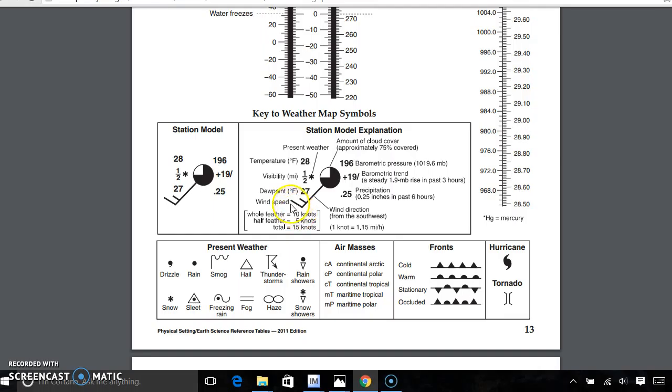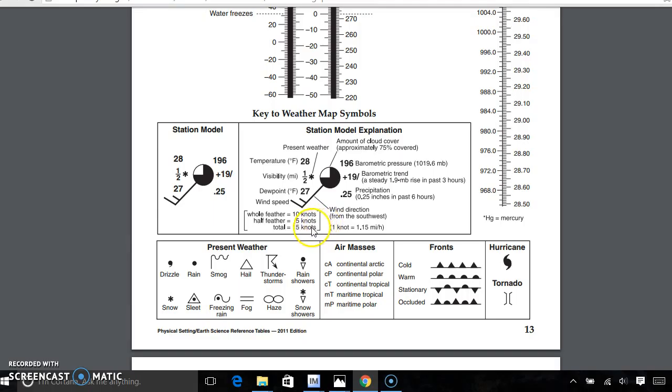And then we've got the wind speed. These little feathers, they call them feathers on the side. A whole feather would be 10 knots. A half feather represents a wind speed of 5 knots. A knot is similar to a mile per hour. It's usually used in aviation for flying or for shipping.